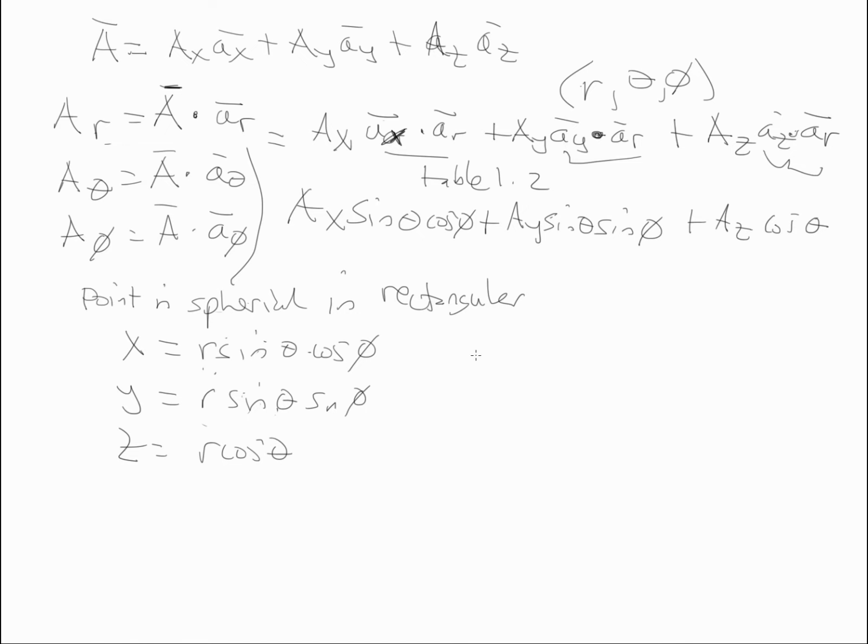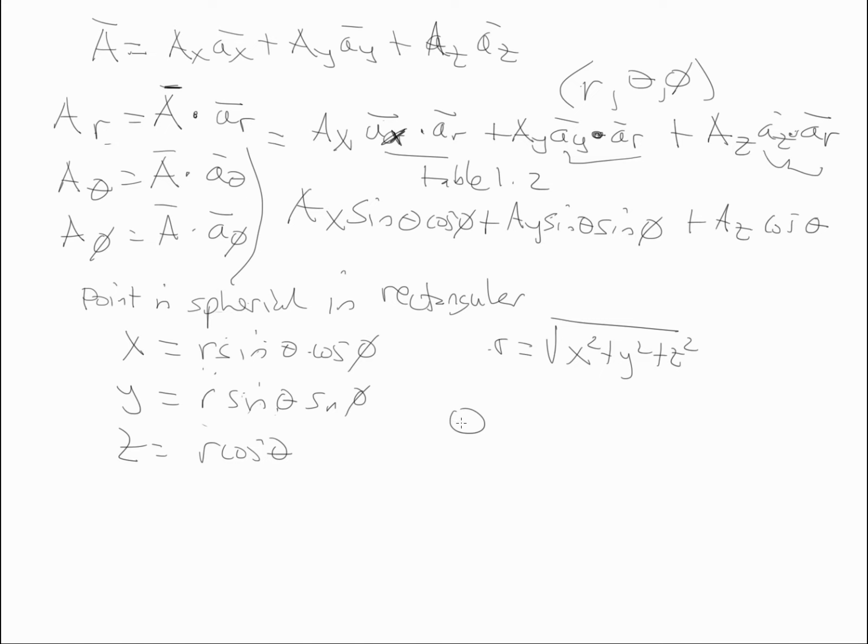And then likewise, if you wanted to go the other direction, from a point in space in rectangular to spherical, then R is equal to the square root of x squared plus y squared plus z squared.